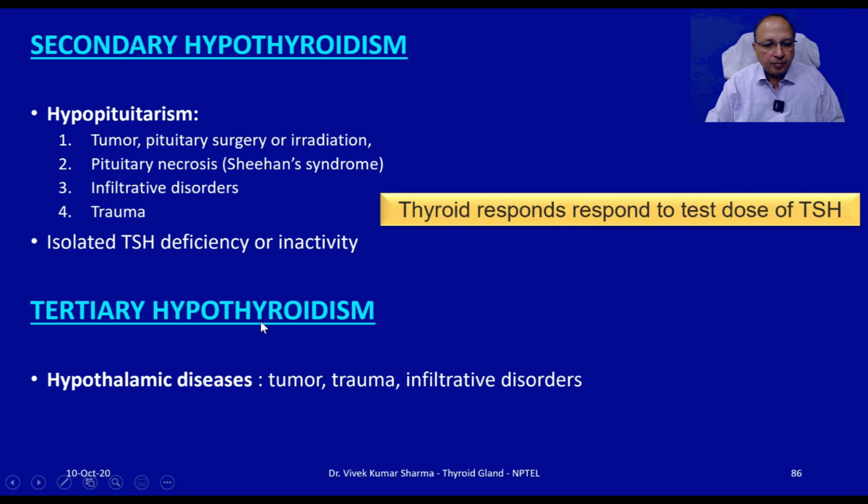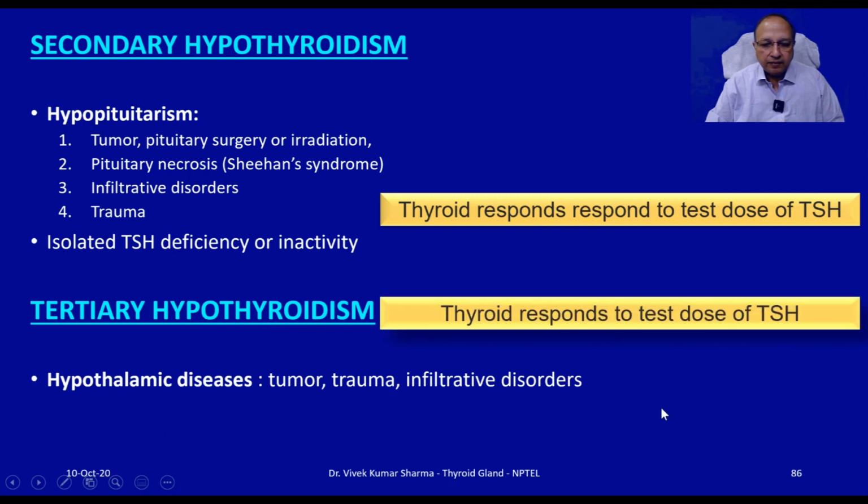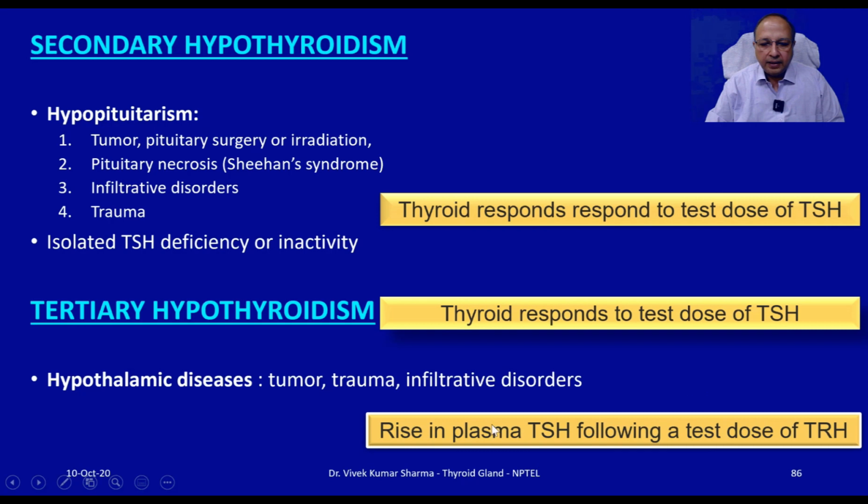In the tertiary hypothyroidism, the disorder is at the level of the hypothalamus, and we can differentiate it in that the thyroid will respond to the test dose of the TSH. And there is a rise in the plasma TSH following a test dose of TRH or the thyrotropin releasing hormone also. So we can have the disorders at the multiple levels, and we can differentiate it by measuring the thyroid hormone levels and also the TSH or the TRH levels.